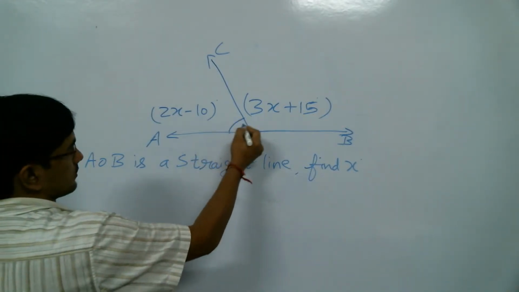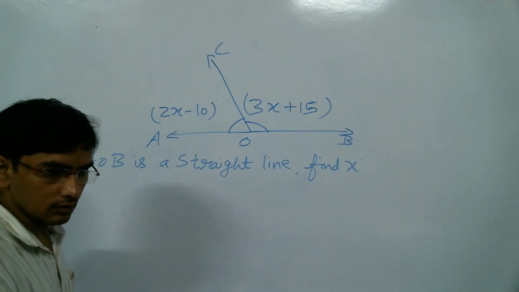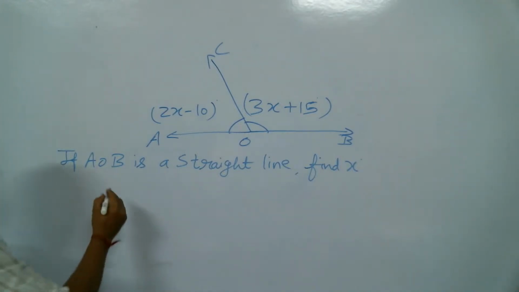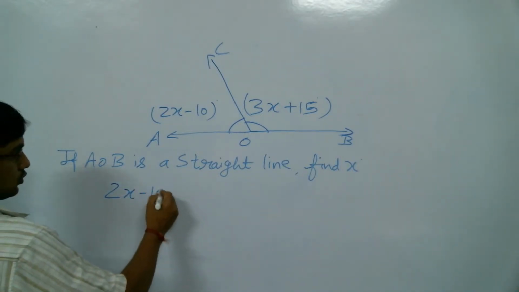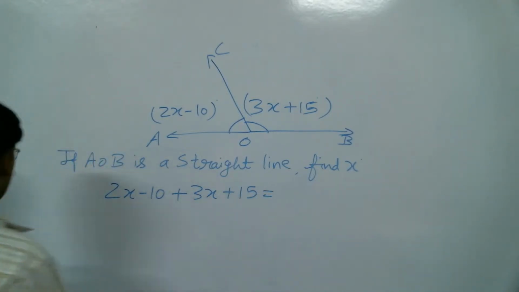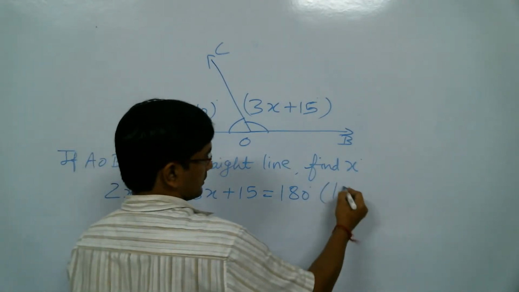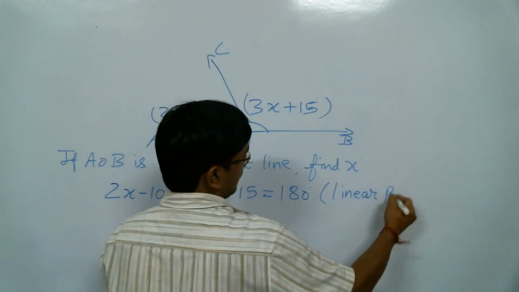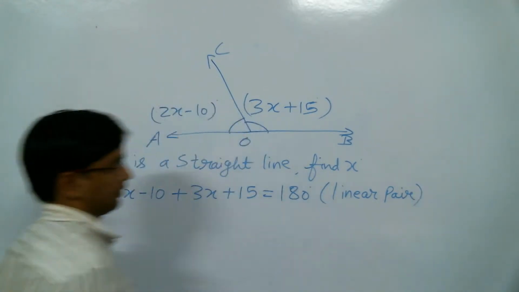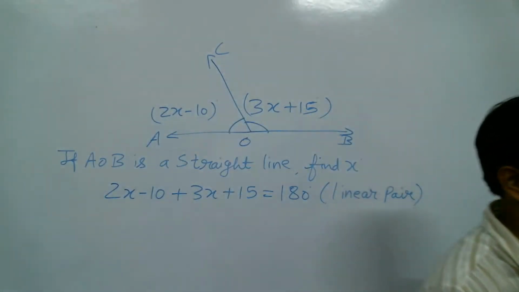These two angles, we can sum them up. What will their sum be equal to? Their sum we can equate to 180 degree. The reason we can write it is linear pair. Here we have a linear pair. Fine.